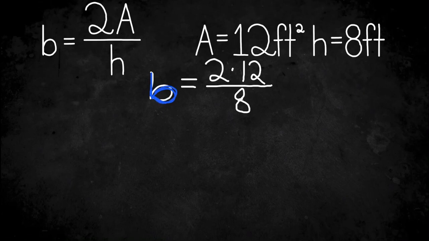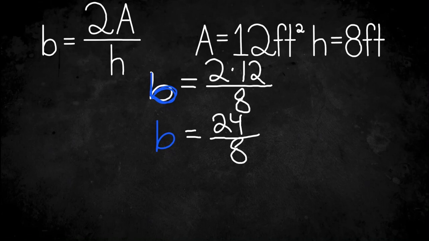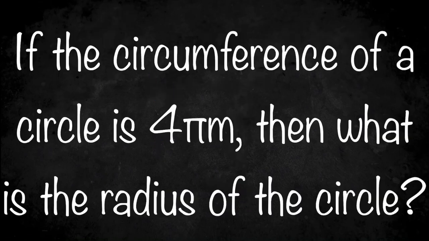So we have b equals 24 over 8. And 24 over 8 is just 24 divided by 8, so we have that b equals 3 feet.